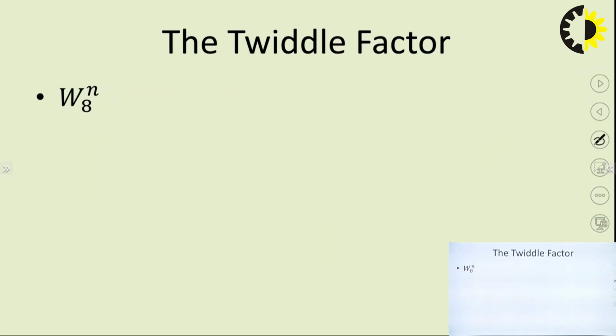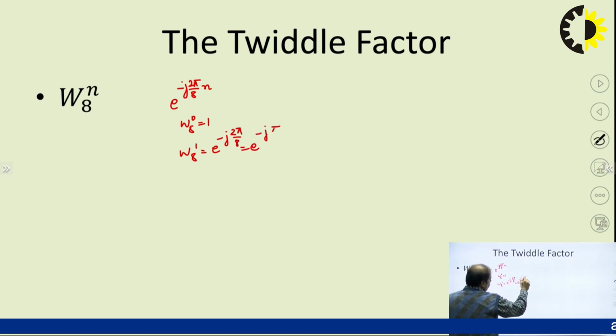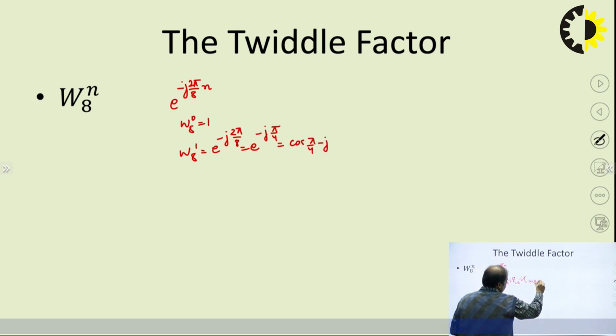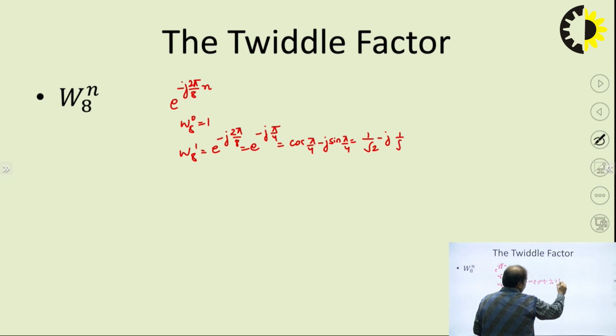Now the twiddle factors that will be required in this case will be e raised to the power minus j 2 pi by 8 into n, which means w8 raised to the power 0 becomes 1, and w8 raised to the power 1 becomes e raised to the power minus j 2 pi by 8, which becomes e raised to the power minus j pi by 4, which is cos of pi by 4 minus j sine pi by 4, which is 1 by root 2 minus j 1 by root 2.